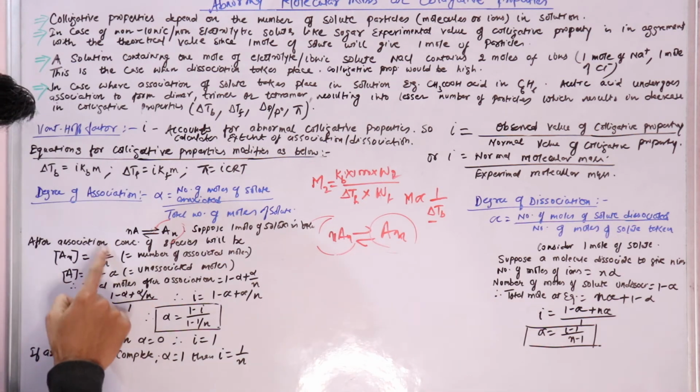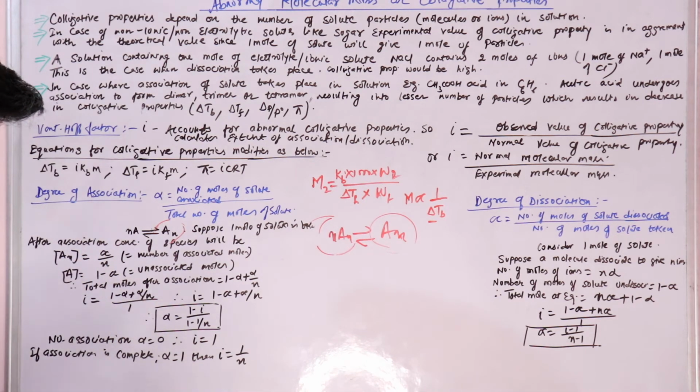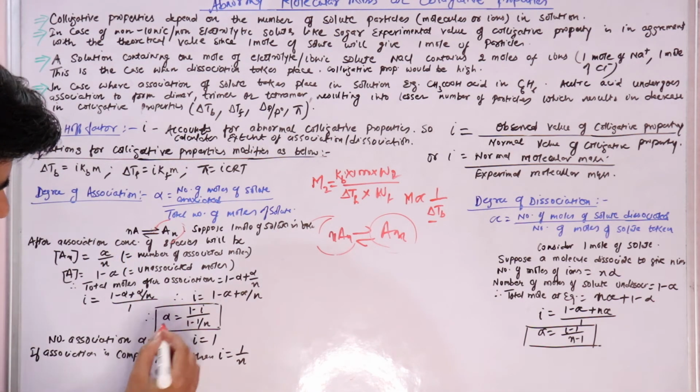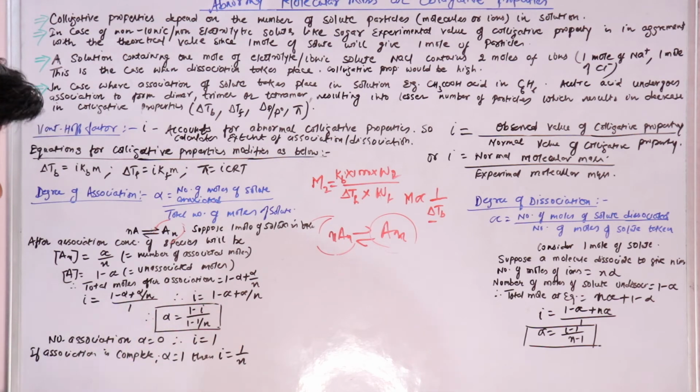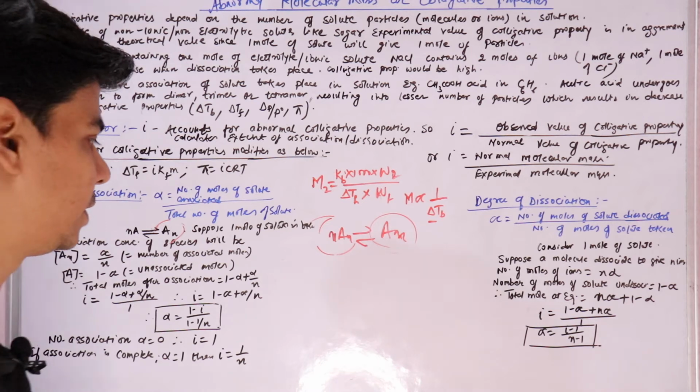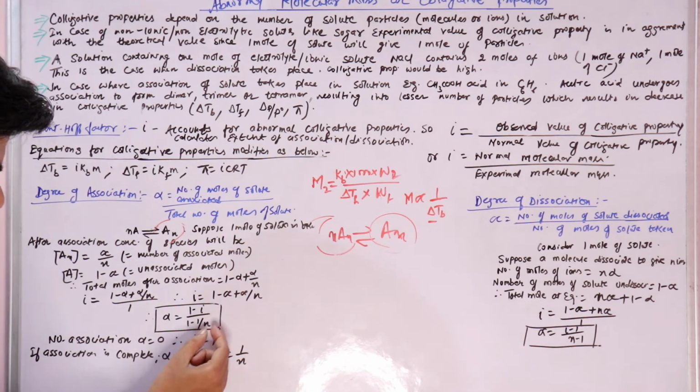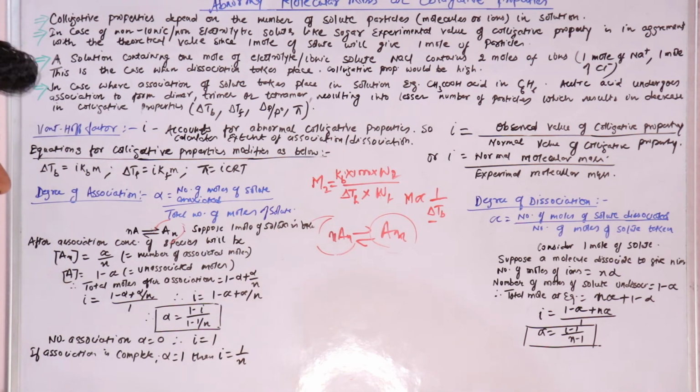Then if you put alpha equals 1, you will get i equals 1 upon n. So this is the derivation, and this relation between alpha, the degree of association, and n, the number of molecules associated, is important. From here you can calculate the number of molecules associated if you are given the Van 't Hoff factor.